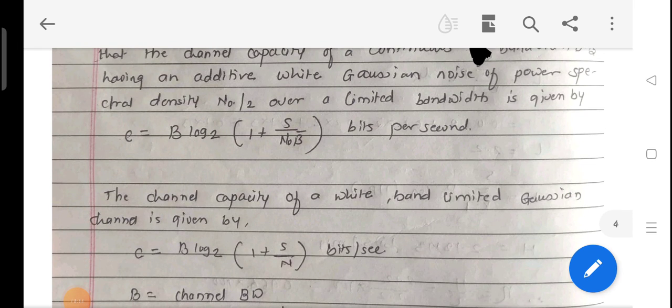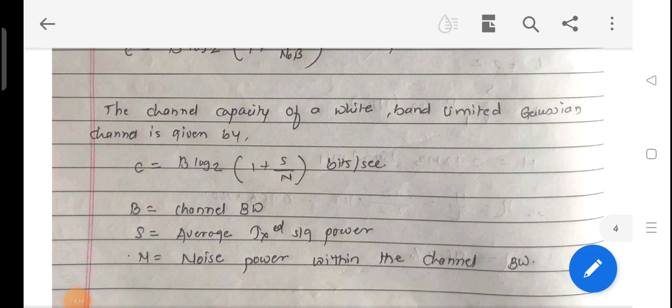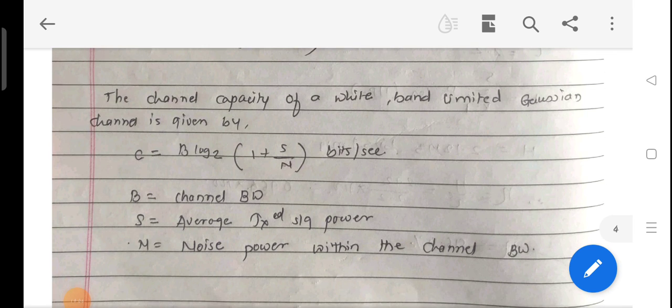Okay, for a band limited Gaussian channel, the same equation we can write is C equals B log to the base 2 of (1 plus S by N) bits per second, where S by N is the signal to noise ratio, B is the channel bandwidth, S is the average transmitted signal power, and N is the noise power within the channel bandwidth.